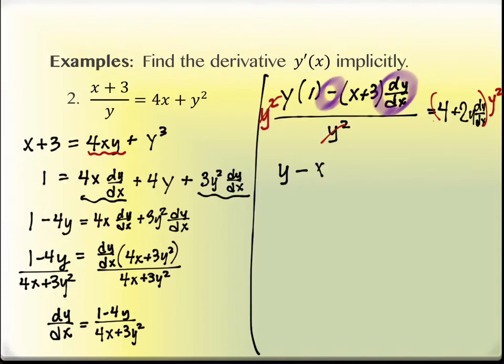So I have negative x dy/dx, and I have negative 3 dy/dx. On the right-hand side, I have 4y squared plus 2y cubed dy/dx. Okay, so far so good?